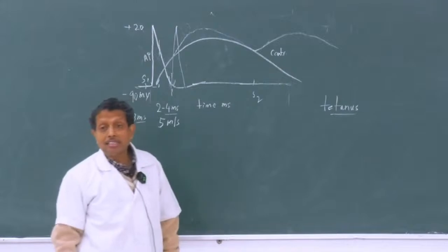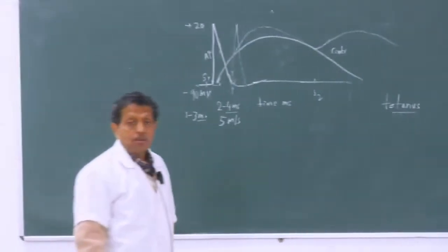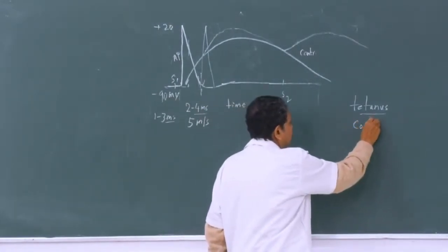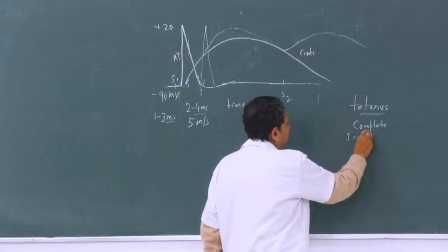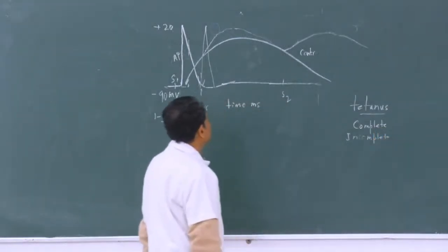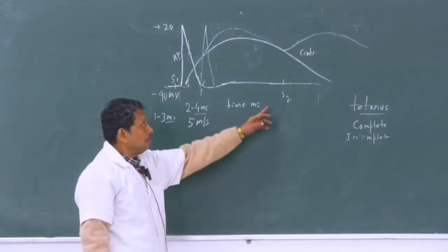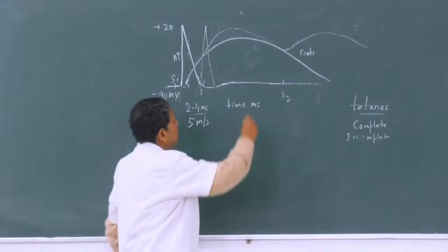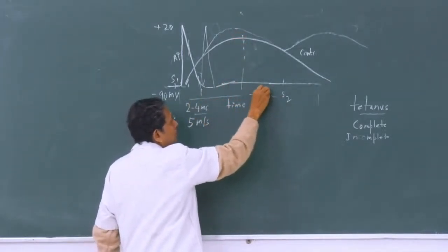It may be complete tetanus or it can be incomplete tetanus. Suppose the repeated stimulus is arriving during this relaxation phase; this is the contraction phase and this is the relaxation phase, contraction phase and the relaxation phase.